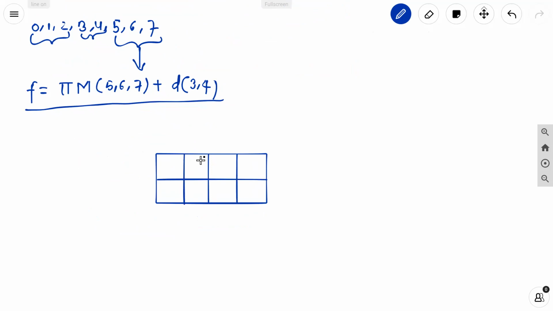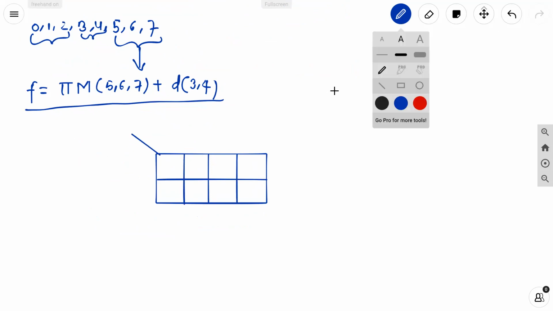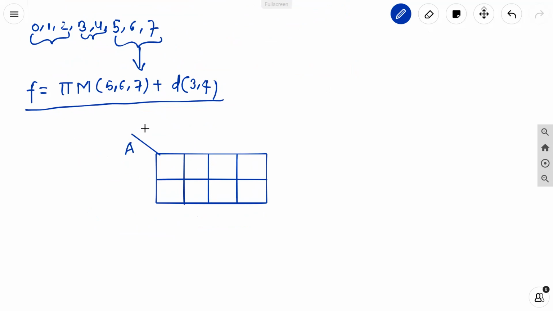Simply plot it: A, B, C for three variables, with 00, 01, 11, 10 and 0, 1. At 5, it will be 0, because now this is a max term function, so 0 will be used, and 6 also 0, 7 also 0. 3 and 4 are don't cares.